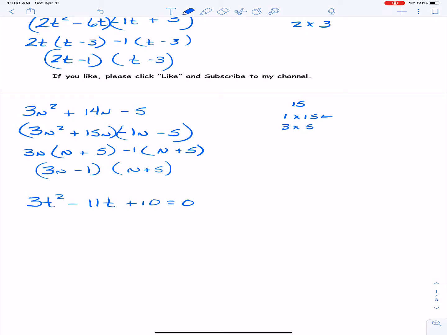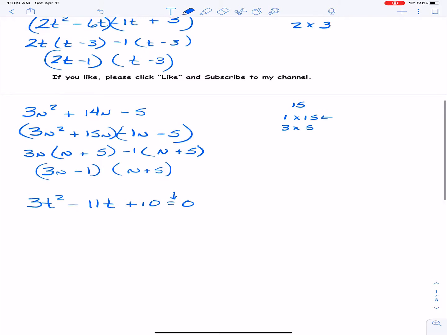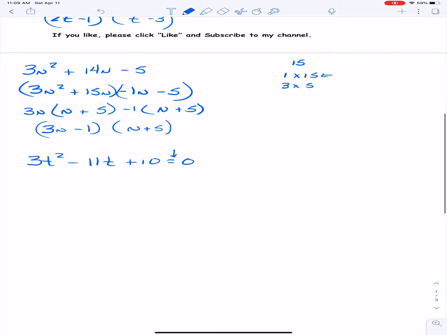So whenever you see this equal sign, or equal 0 or equal some number, it means that it is an expression or an equation that needs you to find the zeros or find what we call the roots. Okay? So not only do I have to factor this one, but I also need to solve it. I need to find its roots.